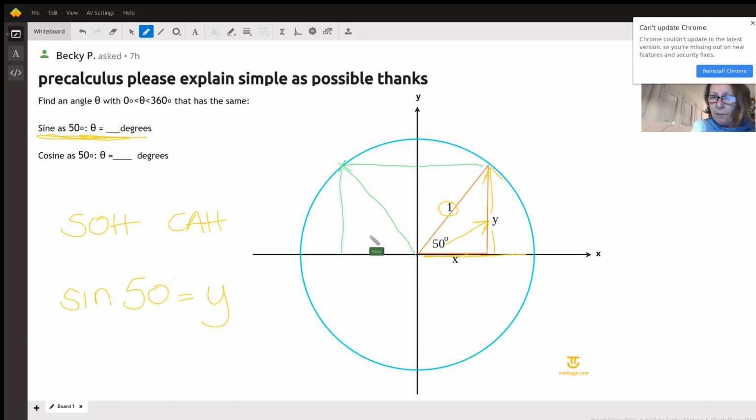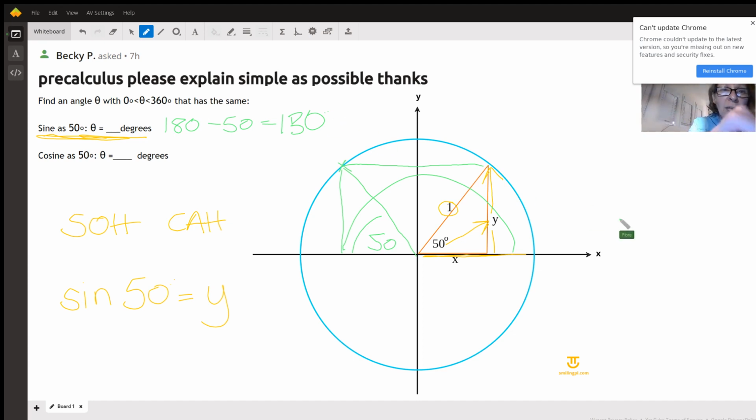And this would be our 50 degrees here. So think about it, that's 180 minus 50. So 180 minus 50 would be 130 degrees. Sorry, that was not the best sketching there. So 130 degrees will give you the same sine, which is the same y-coordinate.